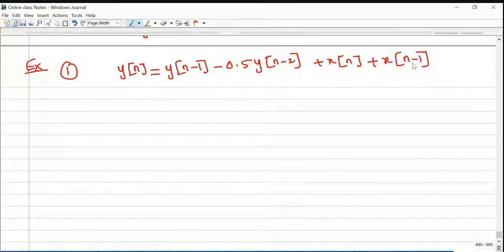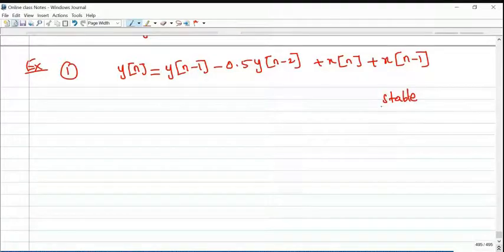The LTI system is described by this difference equation. Now comment on its stability, whether the system is stable or not, and find the transfer function. Transfer function meaning H(z) equal to Y by X. And plot poles and zeros. You know how to plot it. Okay, I'll write it down.